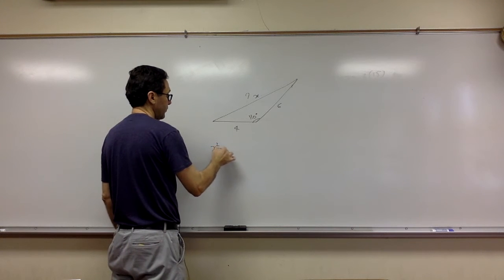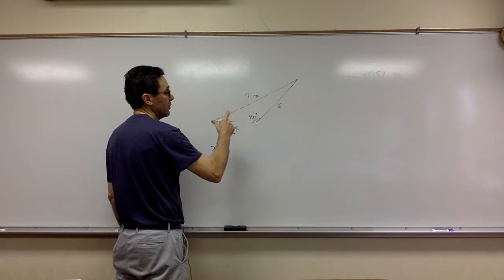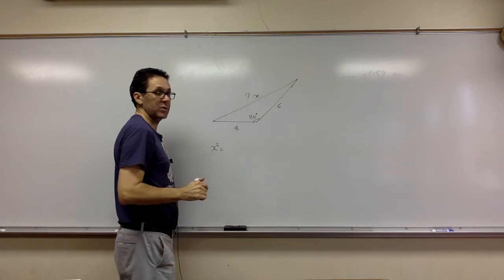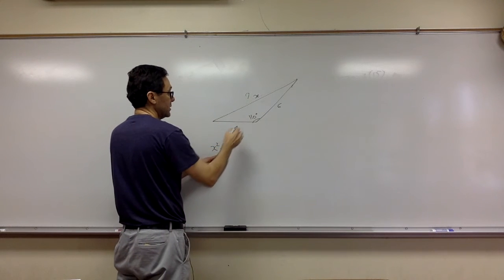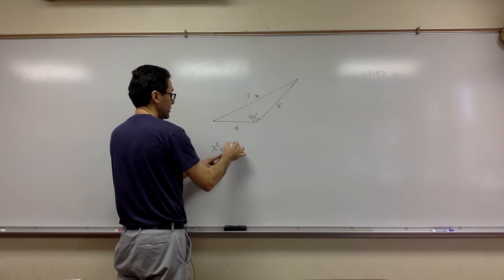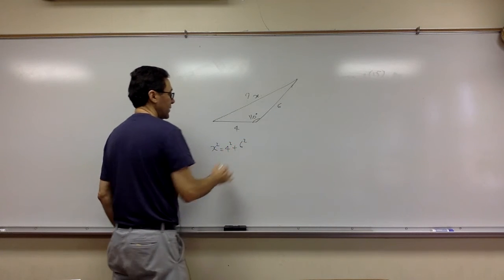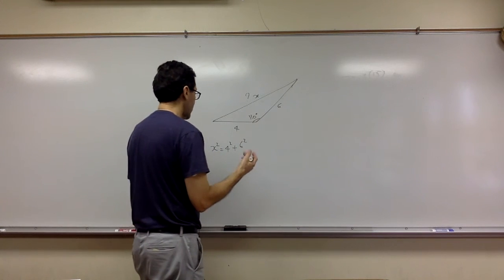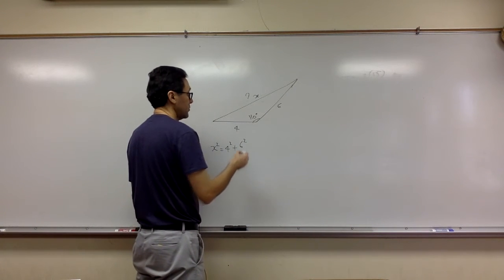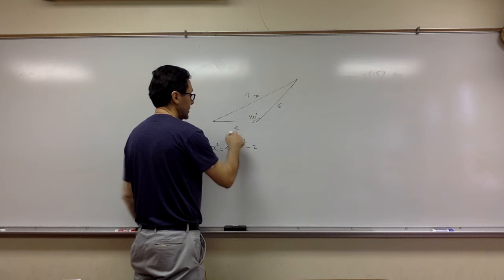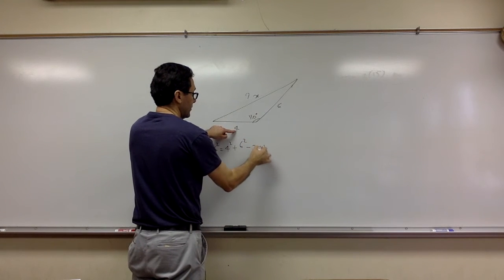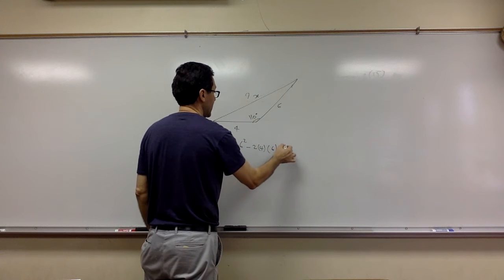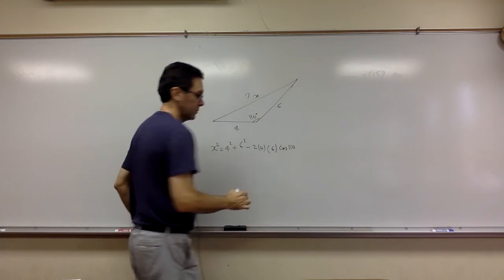X squared. You can do this law of cosines, by the way, when you have two sides and the included angle between them. So x squared equals, you square the other two legs. And you don't want to use this for right triangles, because for right triangles you just use the Pythagorean theorem or a basic trick. Minus 2 times this 4 times this 6, cosine of the angle between them.